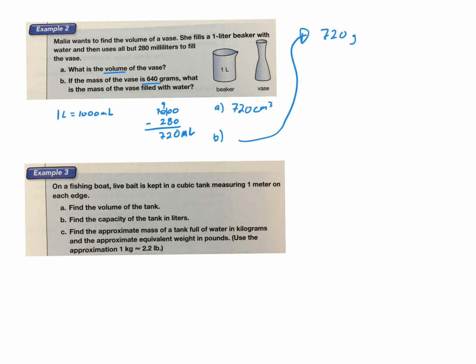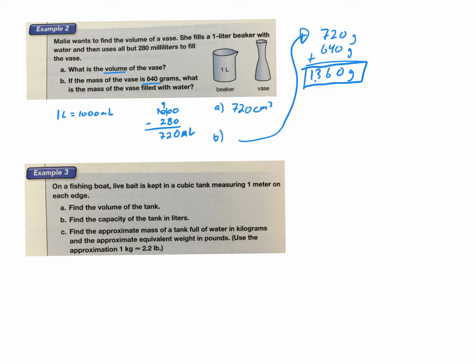That's just for the water, right? Because it's the same thing as a centimeter cubed, or as a milliliter, so it's 720 grams. And then we also have to add to that the weight of just the vase itself. So that's the 640 grams. So if we add those, it's 1,360 grams.